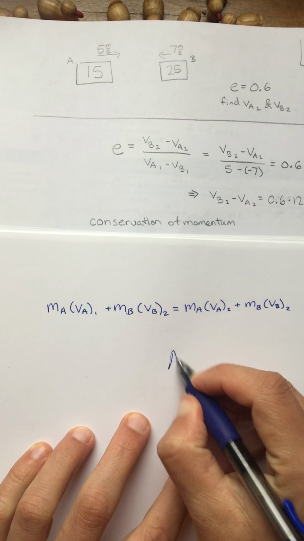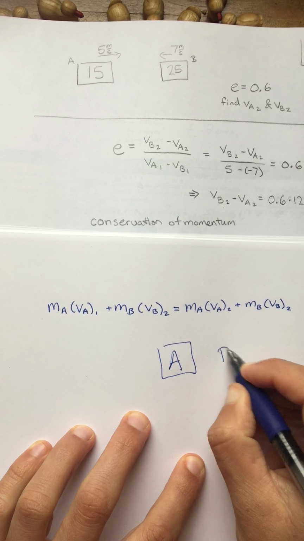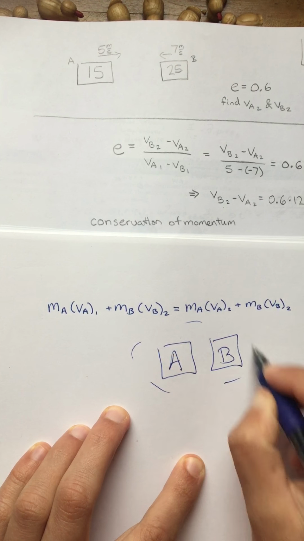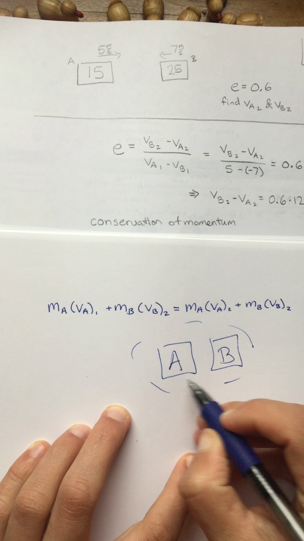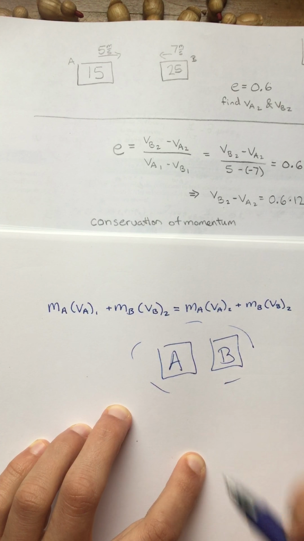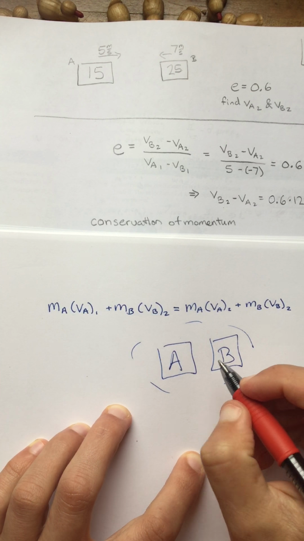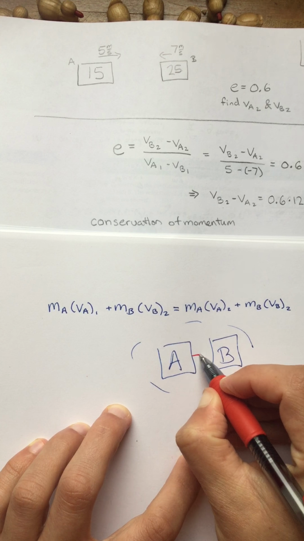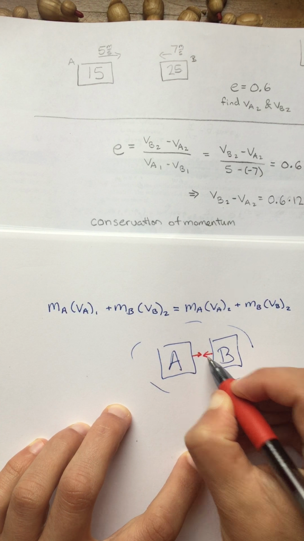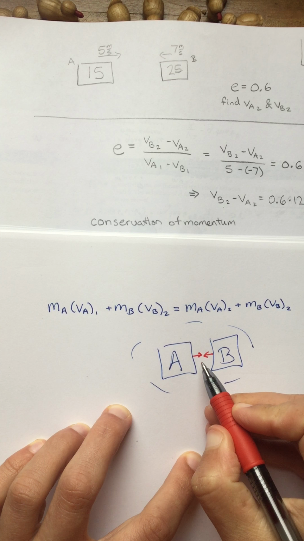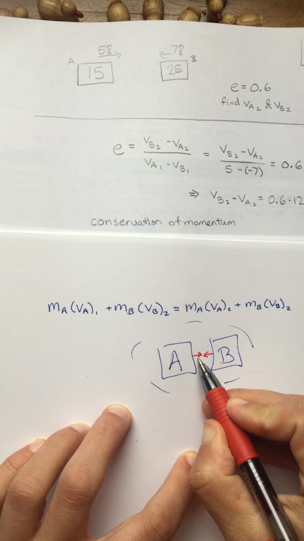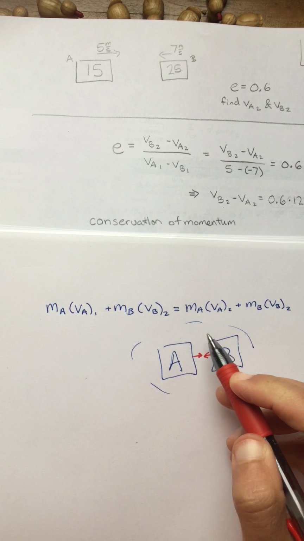So if I have car A and car B, and I look at the forces acting on the system, I have a normal force acting upwards on A and B, a force of gravity acting downwards on A and B, but those forces are in the vertical direction, and we're only interested in looking in the horizontal direction. I have the force that A exerts on B and the force that B exerts on A, but these forces are equal in magnitude and opposite in direction, so if I add up the impulse of this force and this force, that's equal to 0.